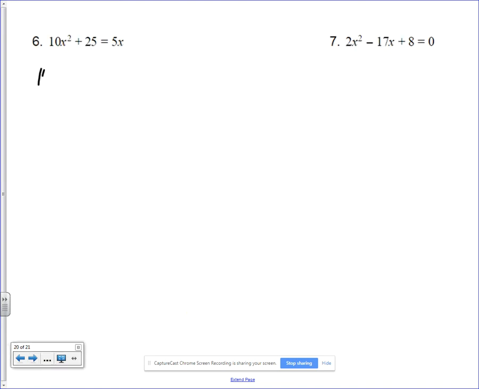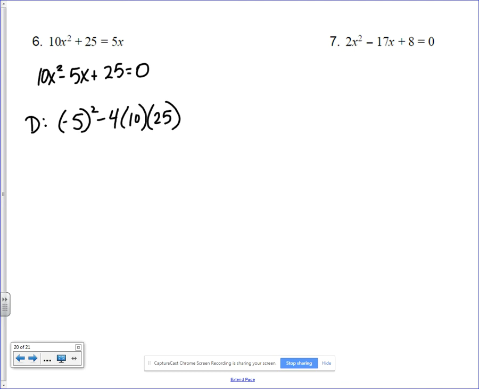Once you get it in the correct order, we find the discriminant. You will be able to stop right there. Because why? It's a negative, which means there is no solution.